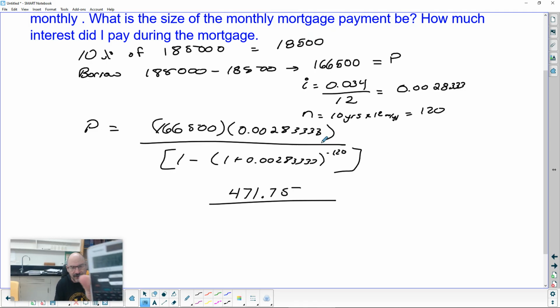Okay, and I get that. And then I would just subtract it from 1. So I get that in a positive way. So I get 0.287887405, and then I just divide those.